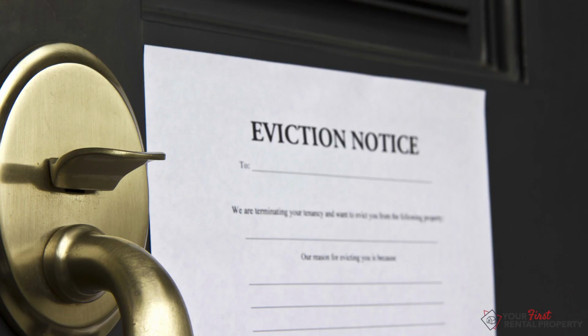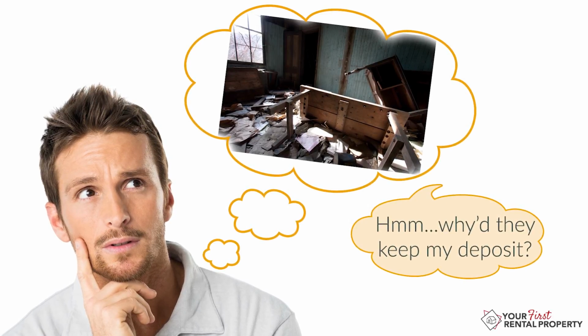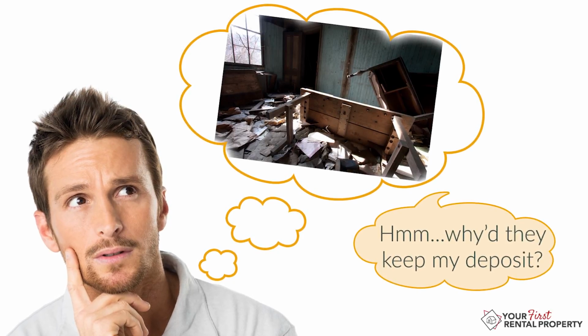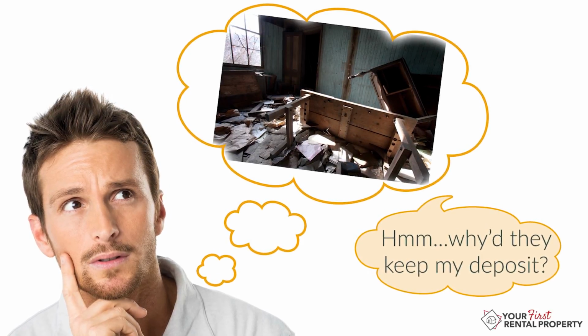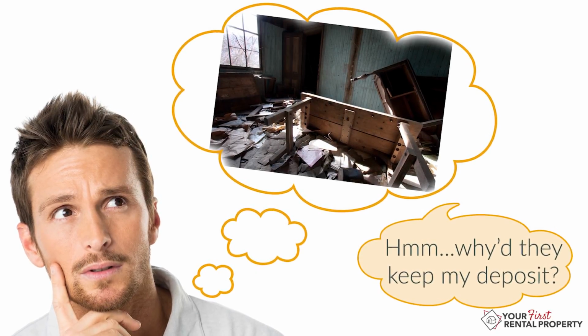And unfortunately, for better or for worse, when we rent to friends or when we rent to family, we're not going to evict them. I mean, not without ruining the relationship. So if you rent to a friend and you do something that they don't like, if you have to withhold part of their security deposit for a very legitimate, documentable reason, they're likely to still hold it against you. And it's likely that that friendship is going to be over.